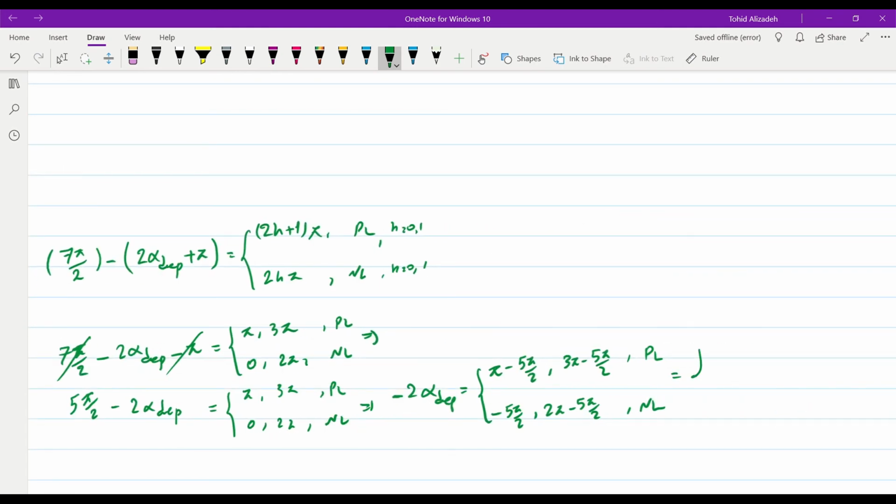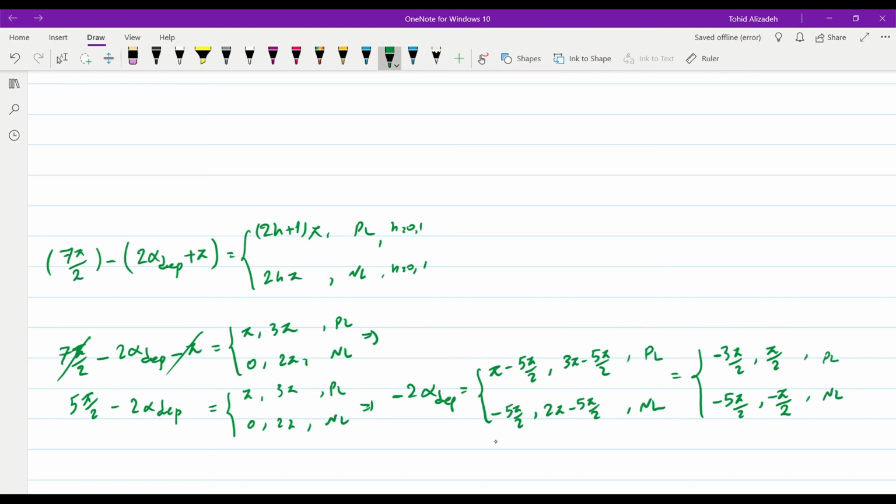And this will be equal to minus 3 pi over 2, pi over 2, minus 5 pi over 2, and minus pi over 2.